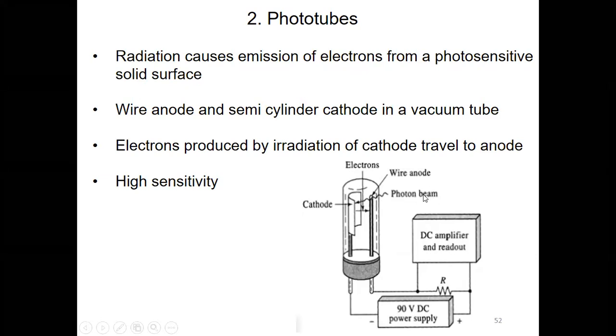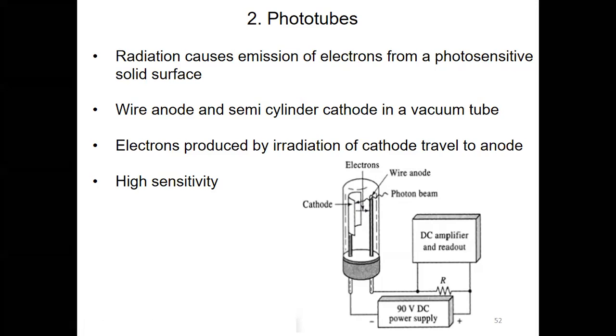Here, the photon beam, you can see this one, photon beam comes in this direction, and when it hits the cathode, because of that, it generates electrons, right? And the generated electrons will go to the wire anode. There's a wire anode here. The electrons generated because of the photon beam transfer to the wire anode.